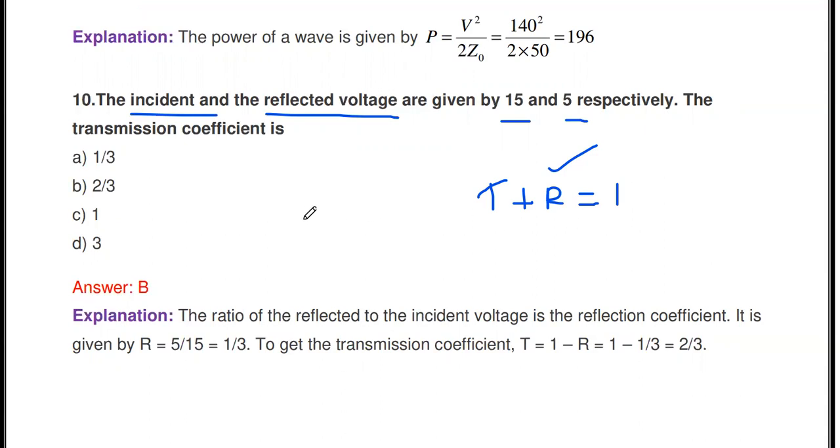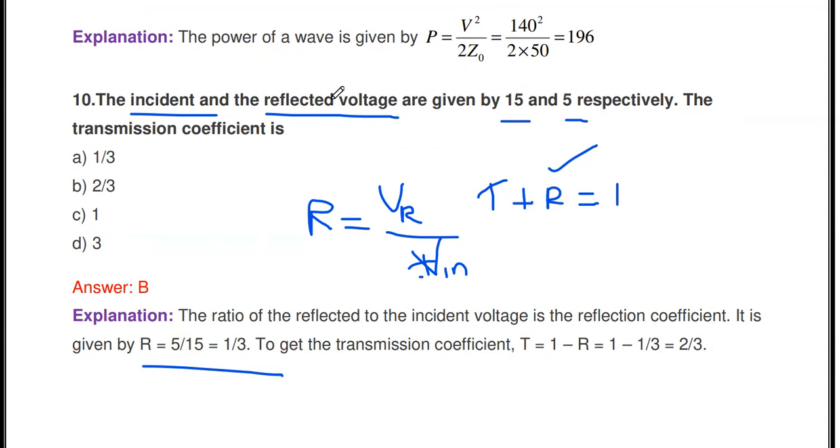You already know the formula for the reflection coefficient. What is meant by reflection coefficient? It is the ratio of the reflected voltage divided by the incident voltage. So 5 divided by 15. The incident voltage is the signal from the sender.